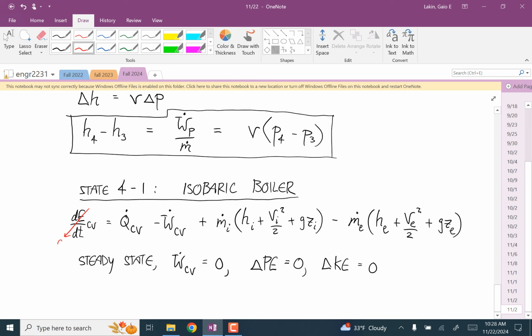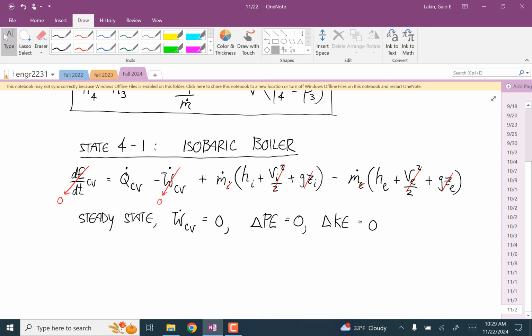So dE/dt is 0. W dot is 0. The mass flow rates are the same. Cancel the second and third terms in each set of parentheses. And you get 0 is equal to Q dot for the control volume plus m dot times the quantity h_i minus h_e.